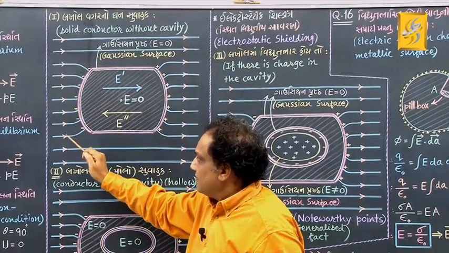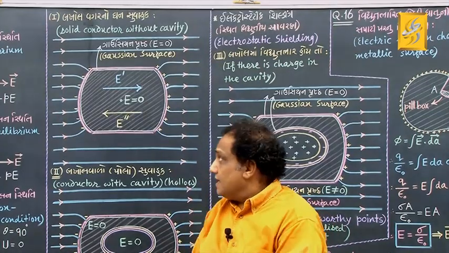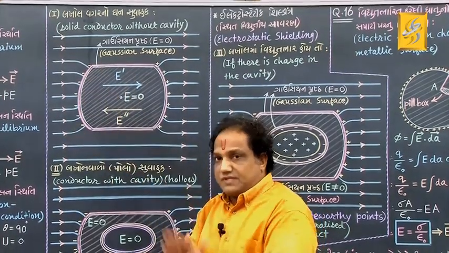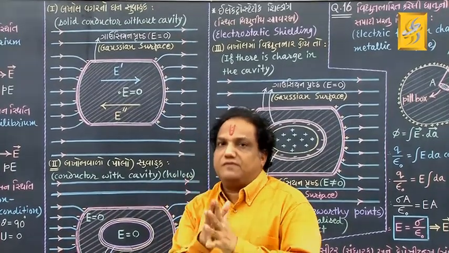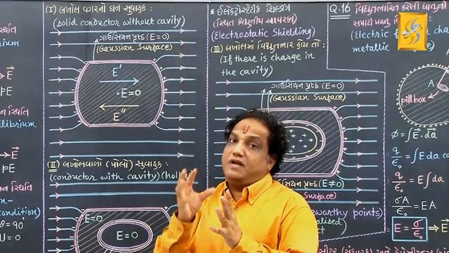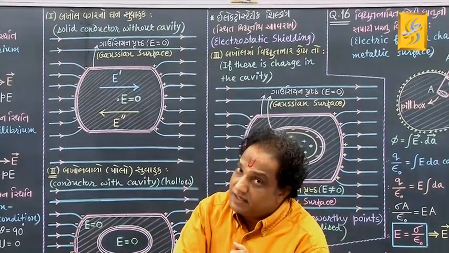Fine. Now what will happen? Look, these electric field lines are of external electric field. But now we are interested in finding out what happens inside the metallic conductor.